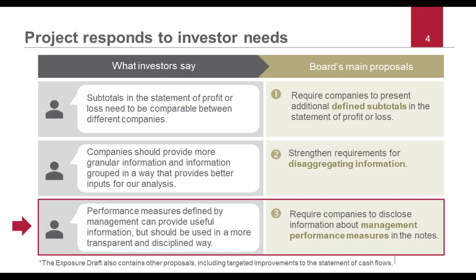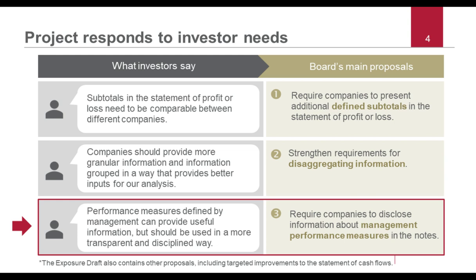And moving to slide 4, the key proposals in the exposure draft address 3 main messages heard from investors through the agenda consultation and outreach during the exposure draft development. The first, demand for more comparability in the statement of profit or loss, was discussed in detail in our second webinar, exploring the requirements for defined subtotals in the statement of profit or loss.